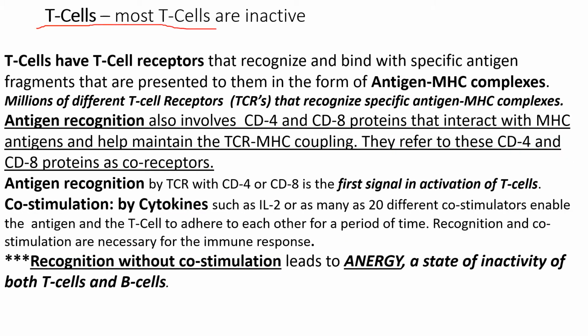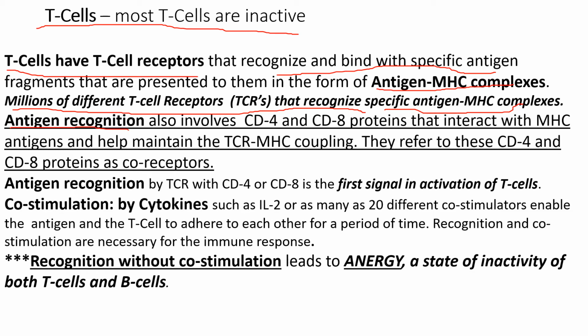It's important to note that most T cells are generally inactive, and they have to be activated. So T cells have these T cell receptors, and they recognize and bind with those specific antigens, just like we saw. They take them in the form of an antigen MHC complex. We saw that. And there are millions of different T cell receptors that recognize specific antigens or specific MHC complexes.